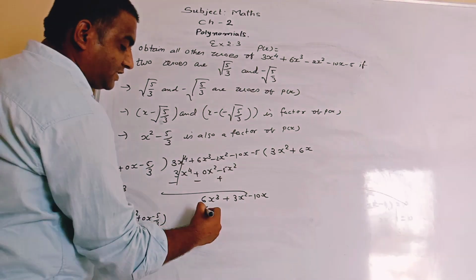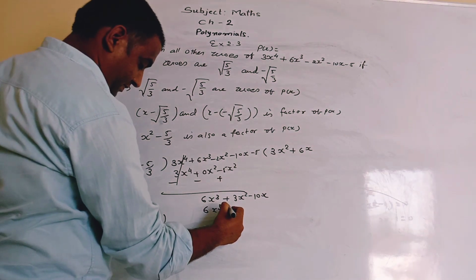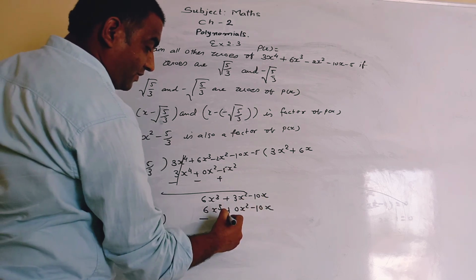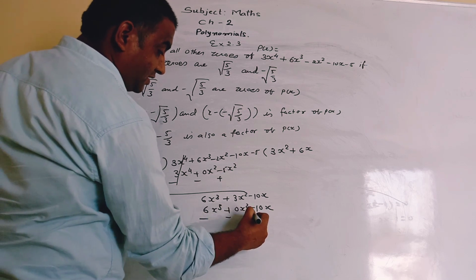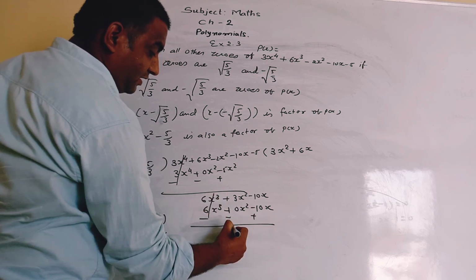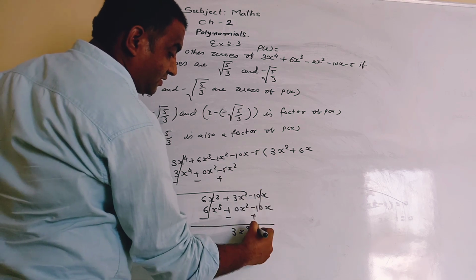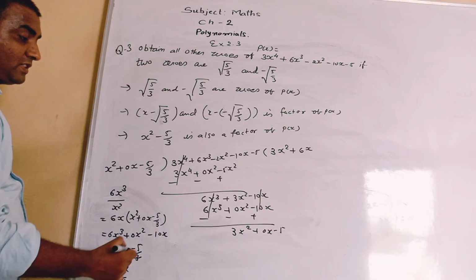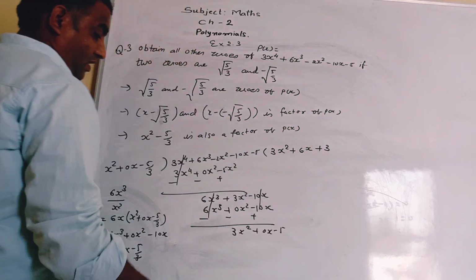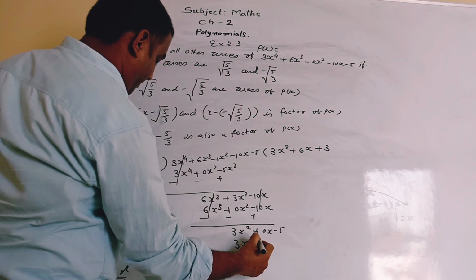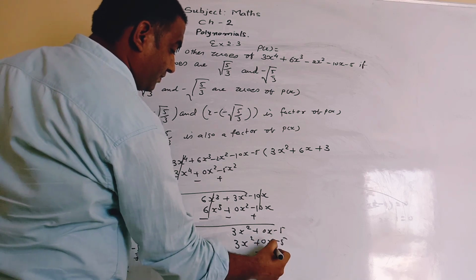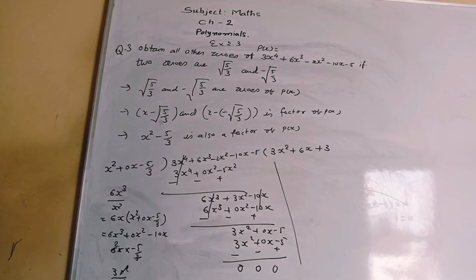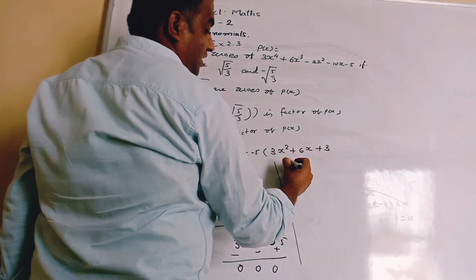So it will be 6x cube plus 0x square minus 10x, and so minus minus plus, and so cancel. 3x square divided by x square, then it will be plus 3, and so 3x square plus 0x minus 5, so 0 0 0.